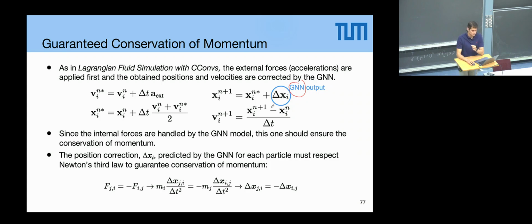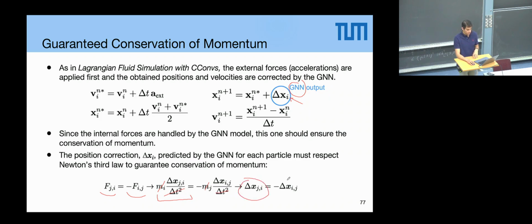Well, this is the output that we obtain at the last message passing layer, and we can again go back to considering the action-reaction principle, which says the force from node J to node I is the same as the force from node I to node J, but with opposite sign. We can write this as the mass times the acceleration, and because the mass for every fluid particle in the simulation is the same, they cancel out, the same as the time.